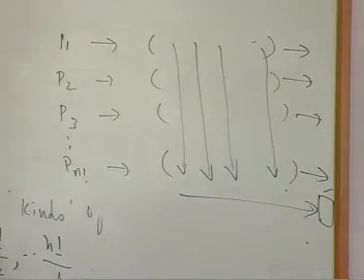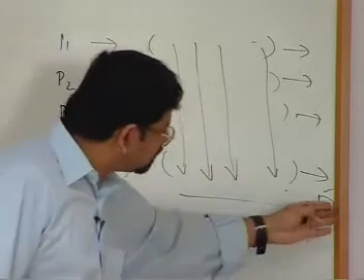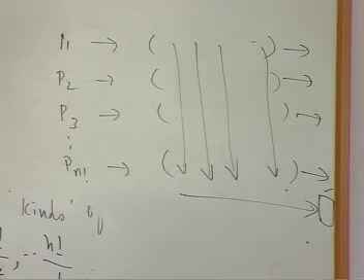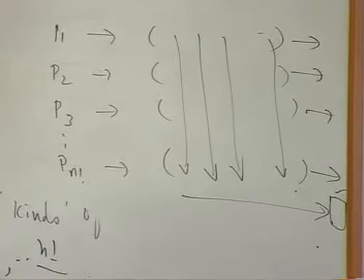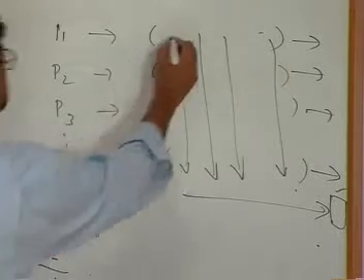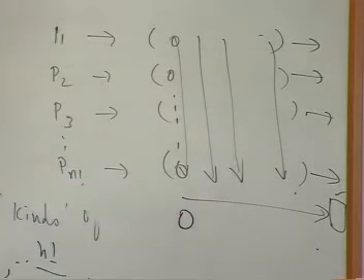Instead, I can do the same thing column wise: add these entries and sum. The final value will be the same. So in a matrix, row wise addition and summing or column wise addition and summing will be identical. But what is the advantage of column wise addition? What will you see in the first column? Only 0. So 0 is my first column sum.